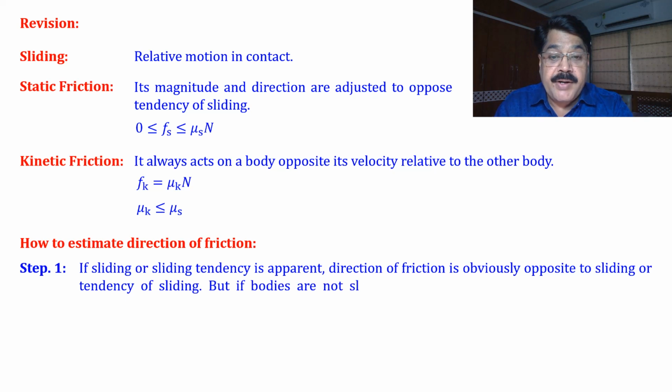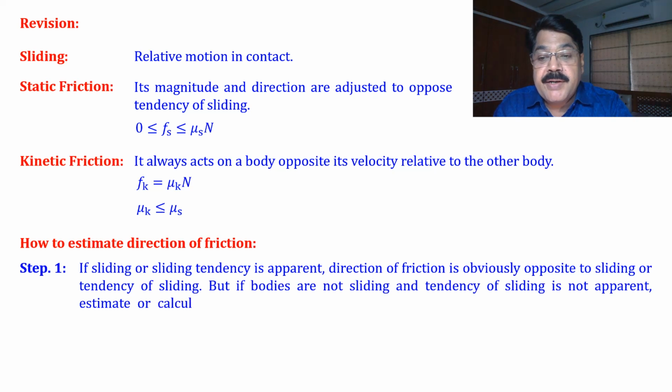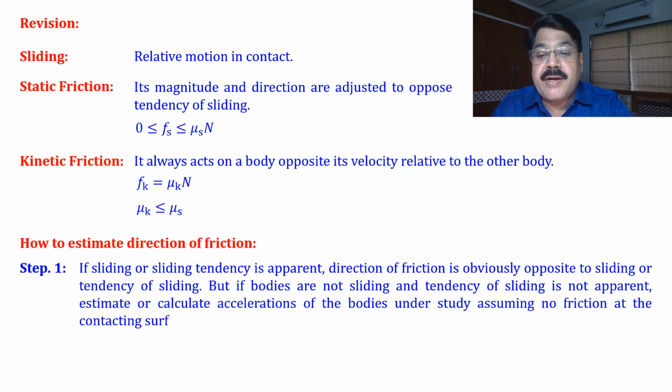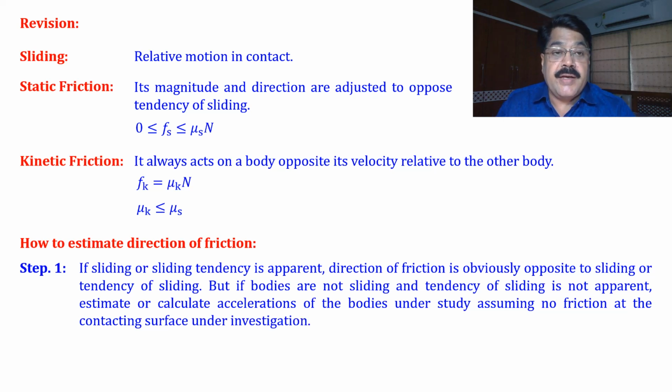But if bodies are not sliding and the tendency of sliding is not apparent, estimate or calculate the accelerations of the bodies under study, assuming no friction at the contacting surfaces under investigation.